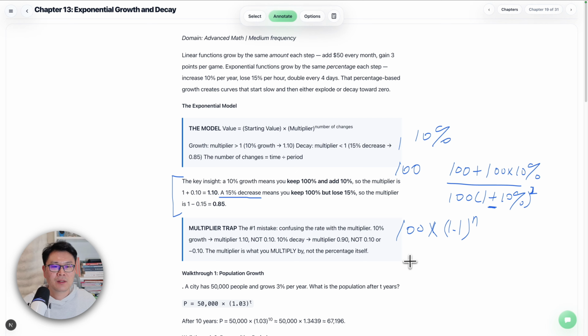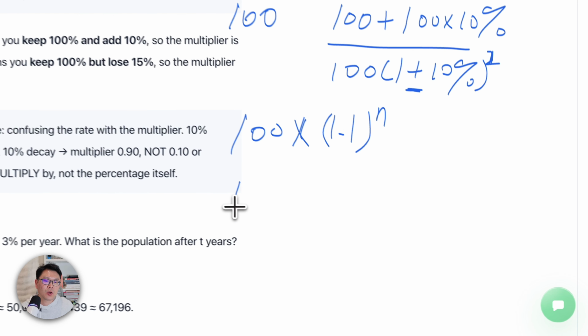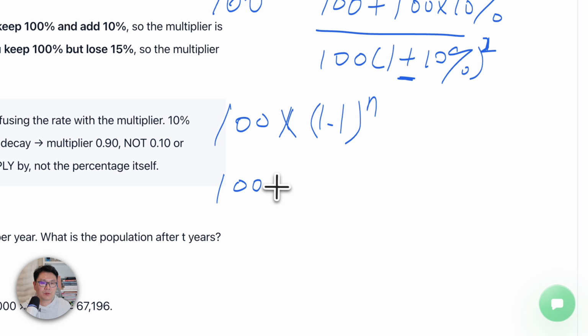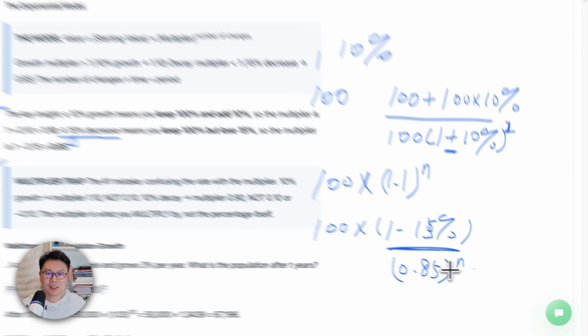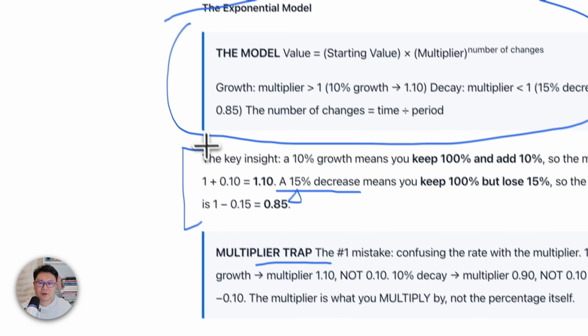So if the population is decreasing by 15% a year, the expression is 100, the original number, times the multiplier, which is 1 minus 15% in this case. That is 0.85 raised to the power of n, where n is the number of years the number decreases. Just read these two, and then we're good to go.